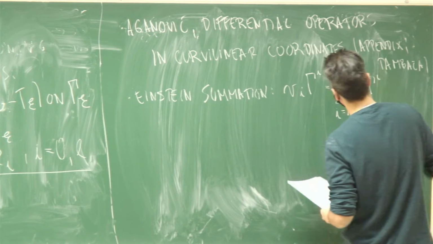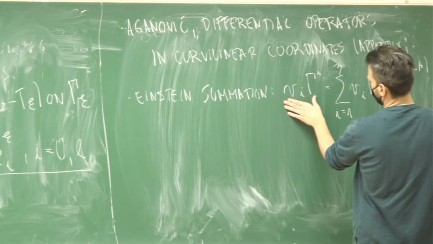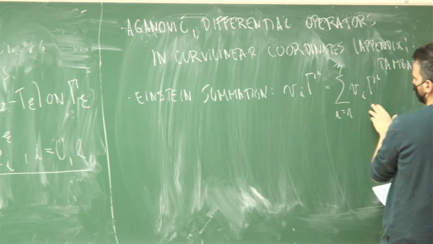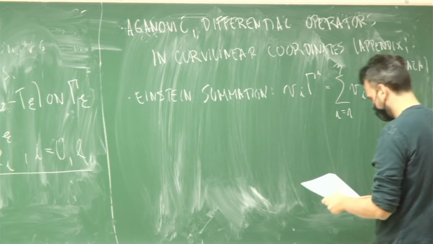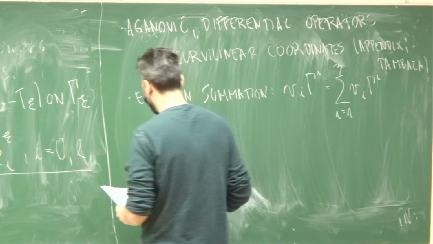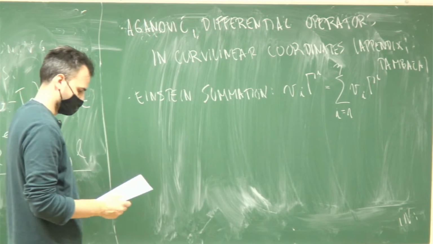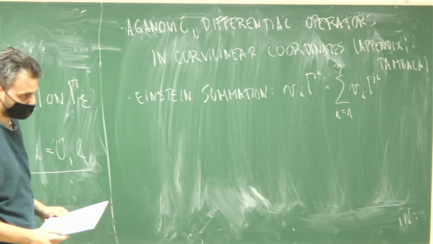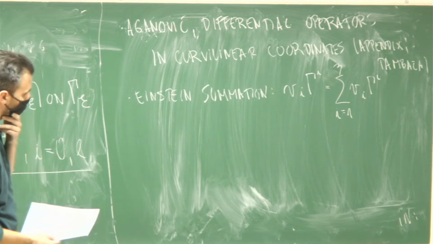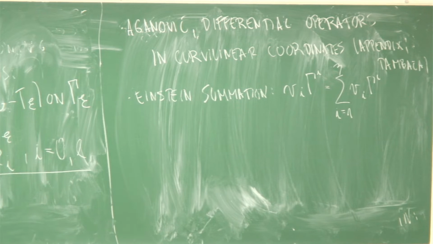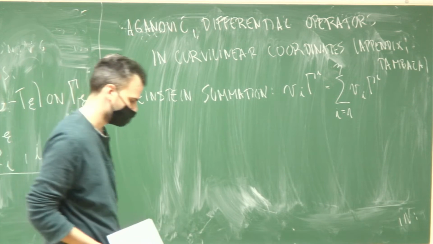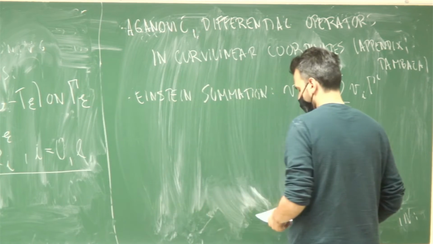If you see something like this and you're confused, this basically means this. This is more or less classical in differential geometry. In order to transfer my problem, I need to introduce the covariant and contravariant basis and the Christoffel symbols, and then write the operators in curvilinear coordinates.